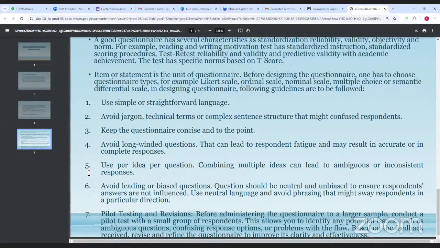And if the data is scattered? If the data is very much scattered, if it is not on the regression line, that means there is no relationship between the two variables.